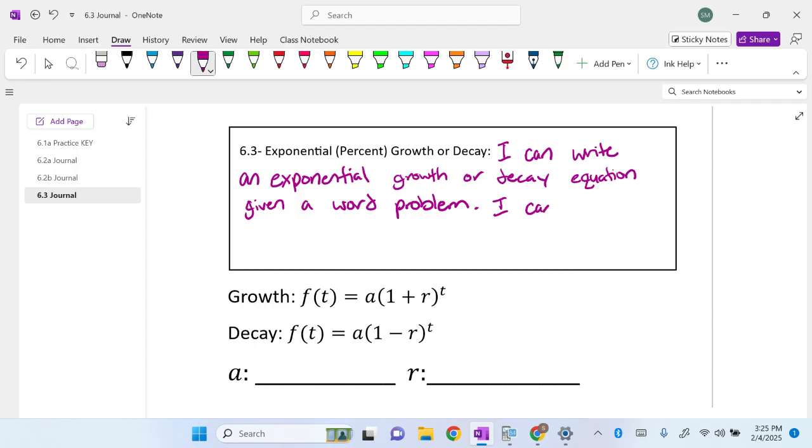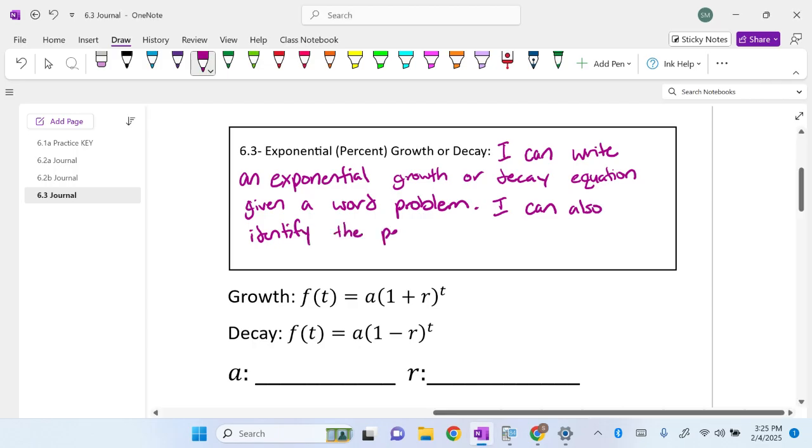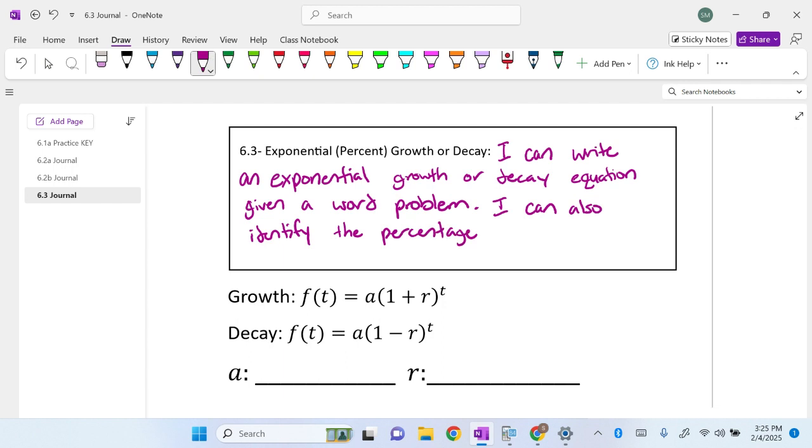I can also identify the percentage of increase or decrease based on the equation.